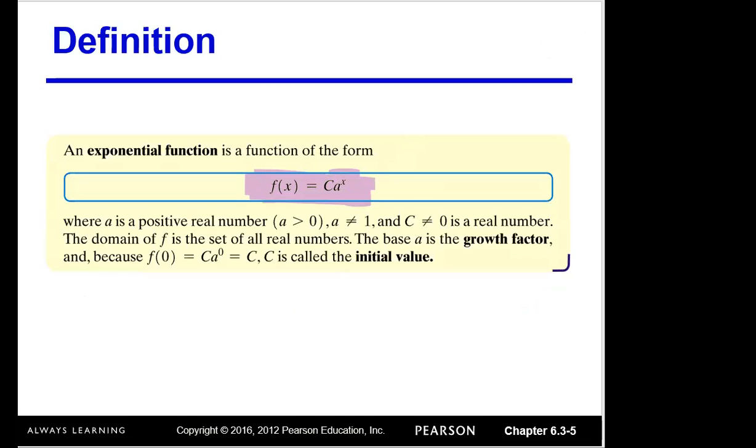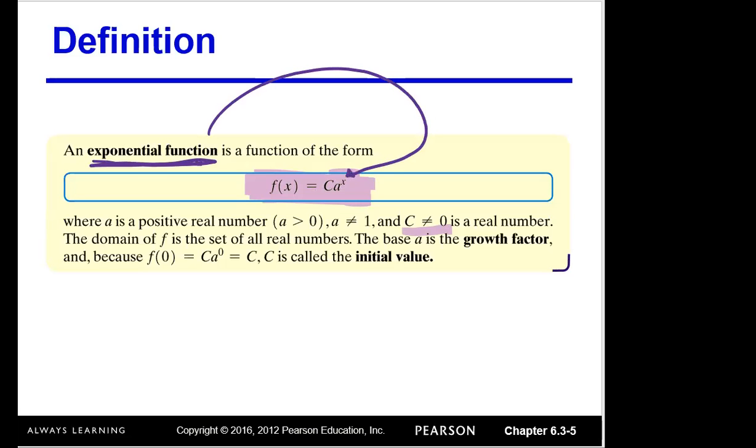It just can't be 0, because they say C is not allowed to equal 0. If C was 0, it'd be 0 times a to the x, which would be 0, and that wouldn't be exponential anymore.